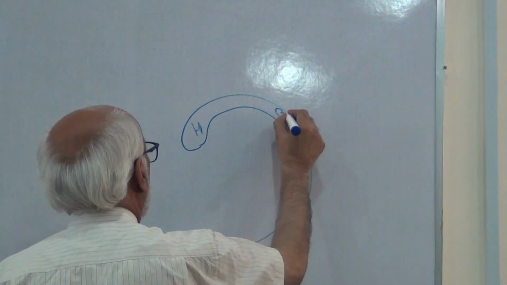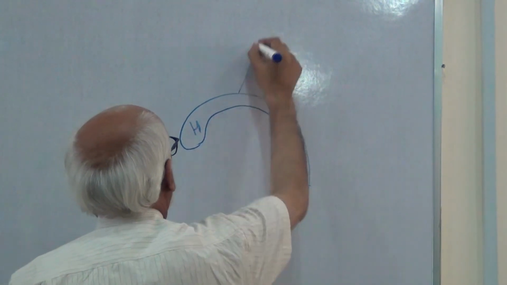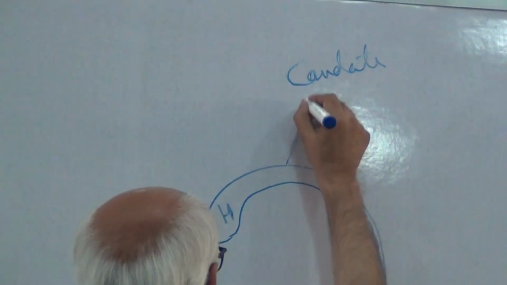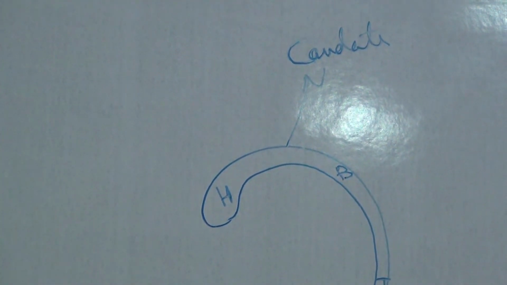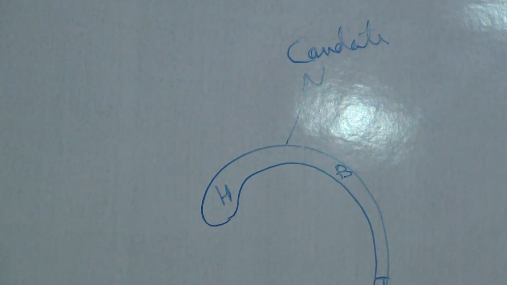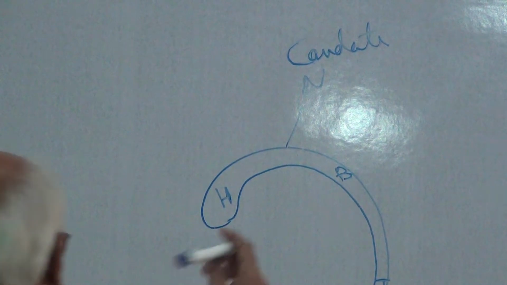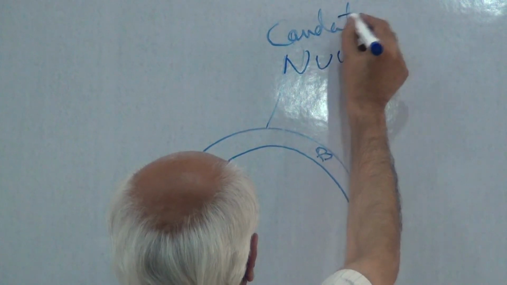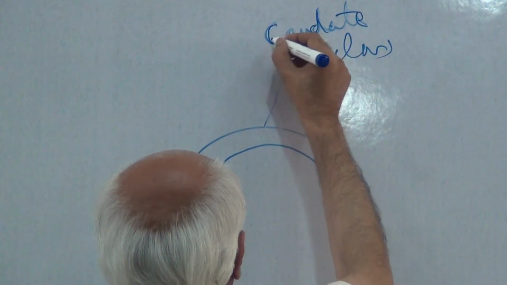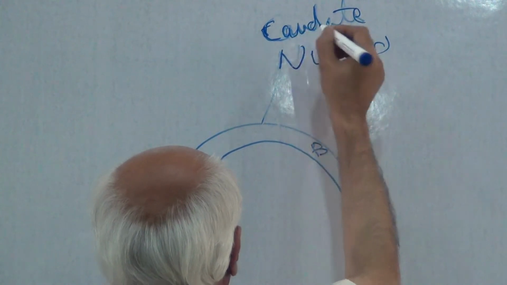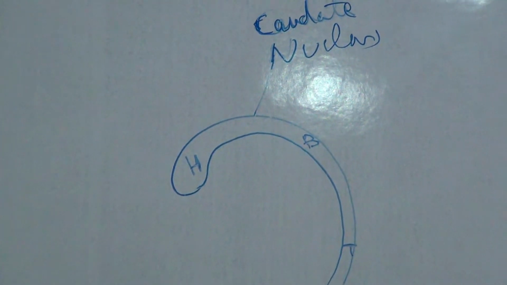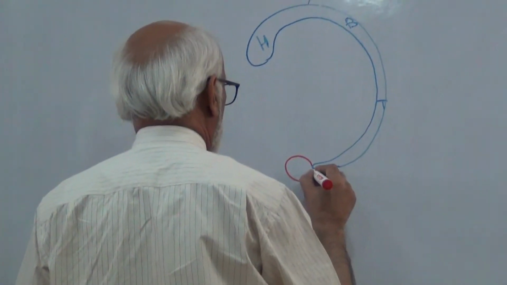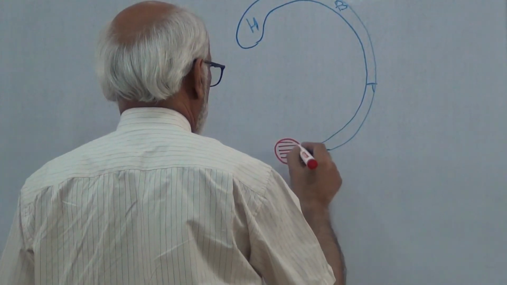Head, body and tail of the caudate nucleus. Then at the tail end of the caudate nucleus is the amygdaloid body.